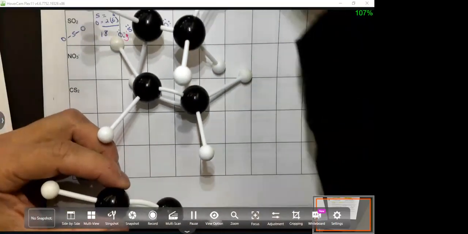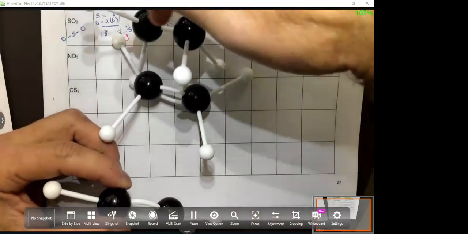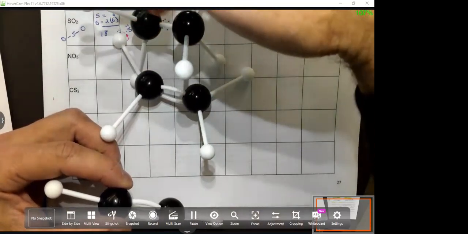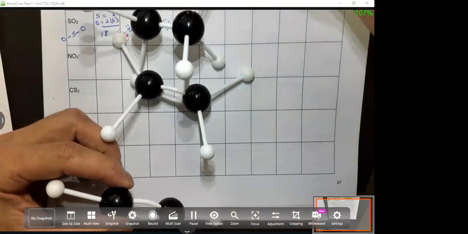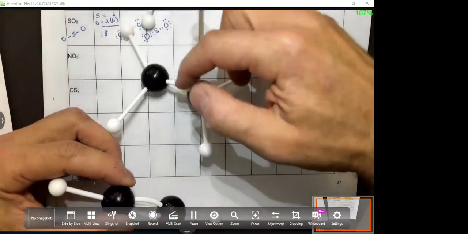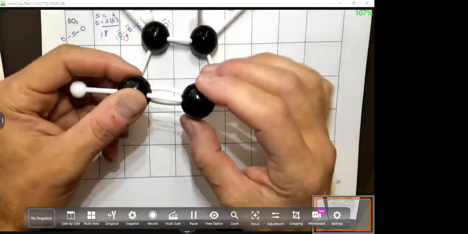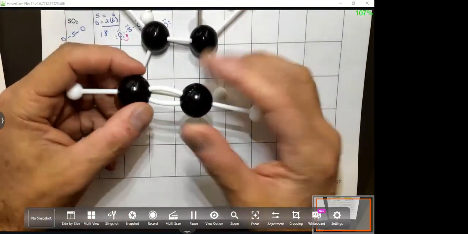Let me say that again. This is the greatest bond distance. This is a shorter bond distance, but this is the shortest distance between the bonds, triple bond.